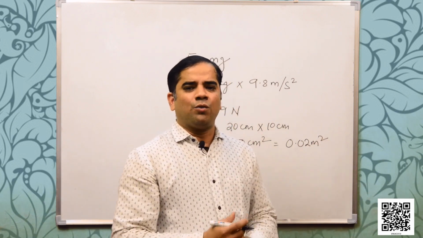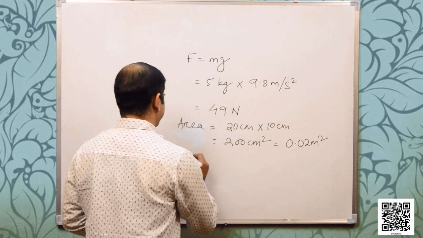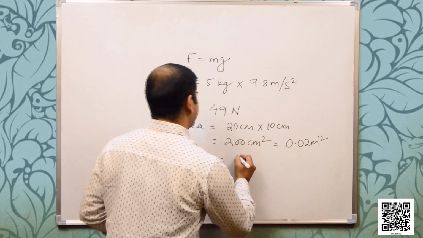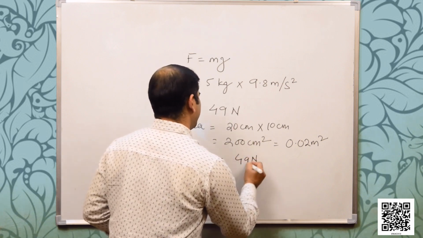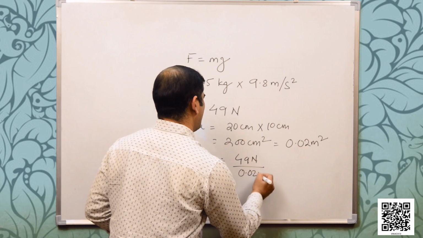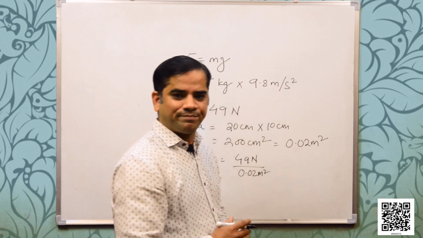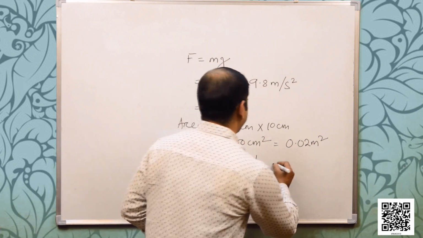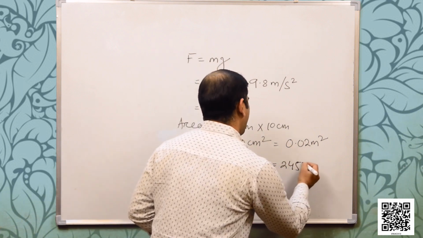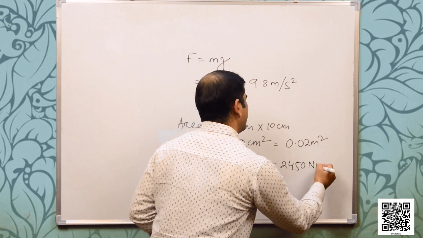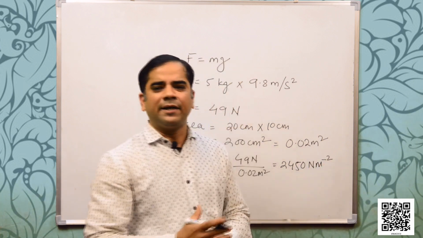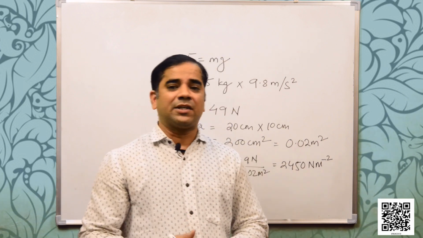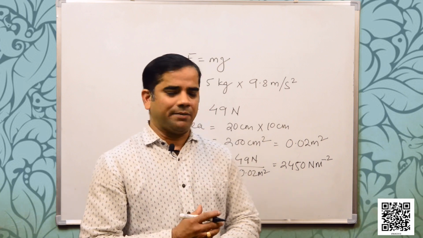So, what is pressure? Pressure is thrust per unit area. So, thrust is 49 Newton divided by 0.02 meter square, and when we calculate, it will give us the value 2450 Newton per meter square. That is when the block lies on the side of dimension 20 centimeter into 10 centimeter.